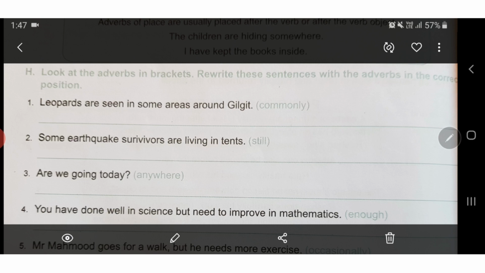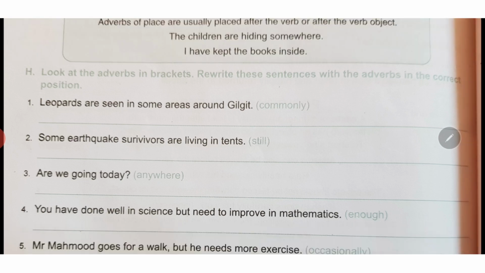Now I will summarize it for you. Okay, adverbs, our preference is to put them after the verb. We will see if there is a verb, helping verb or main verb mentioned, so after that only we'll put it.